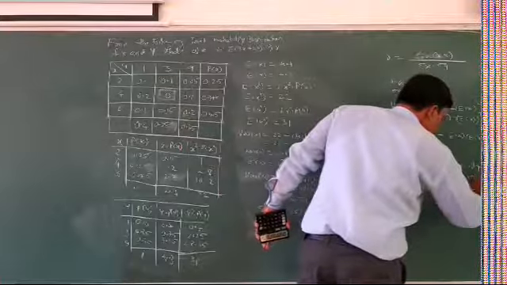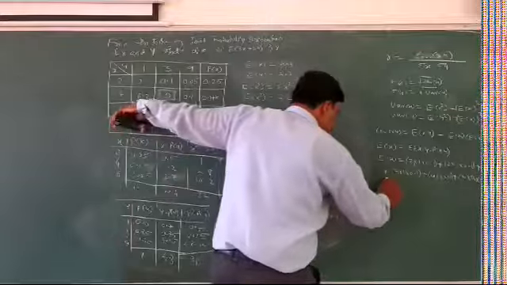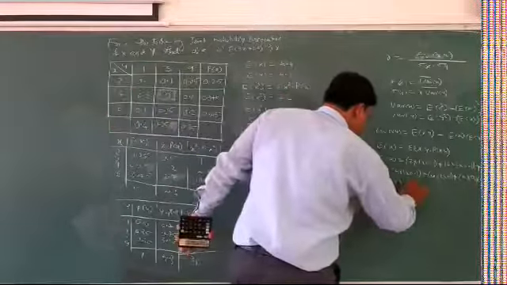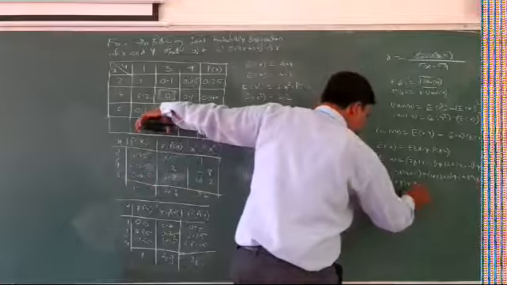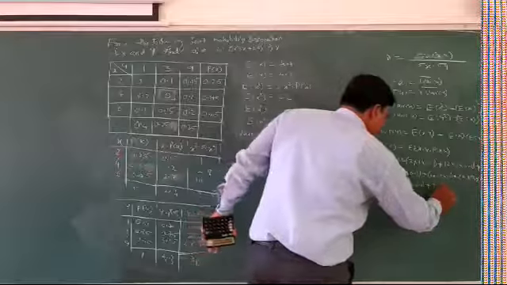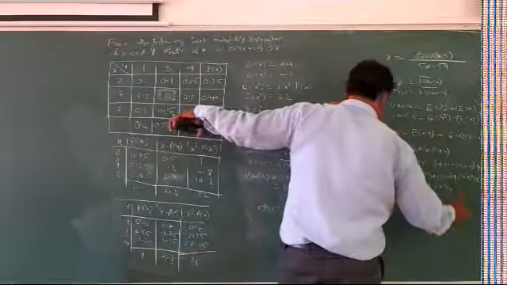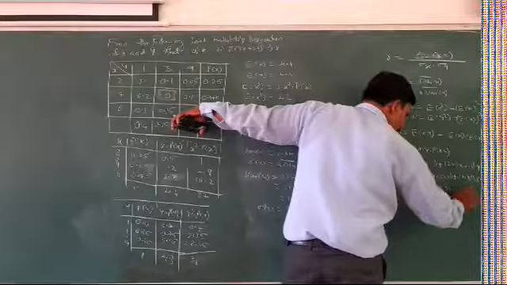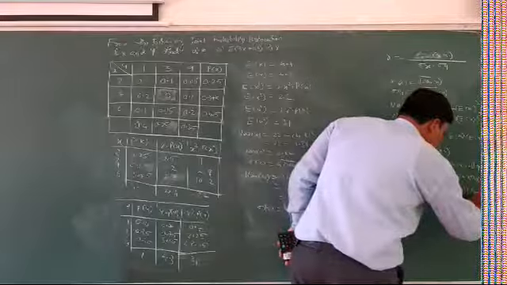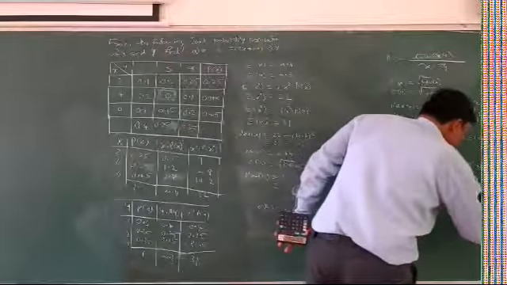And the last values: 6 into 1 into 0.1 plus 6 into 3 into 0.15 and lastly 6 into 9 into 0.2.